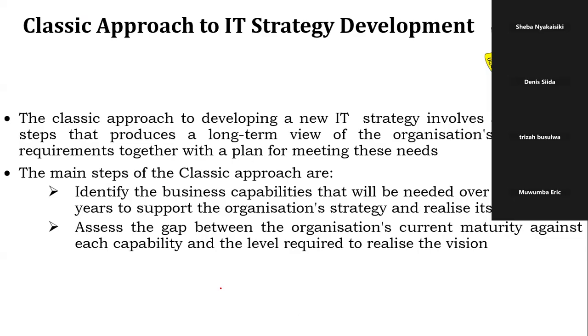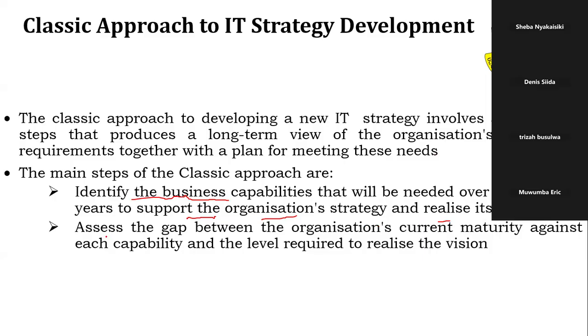There are two basic approaches to developing an IT or ICT strategy. The first is the classic one, which involves long-term views, starting with identifying the business capabilities, and how, for a specific period of time, the organizational strategy may be realized.